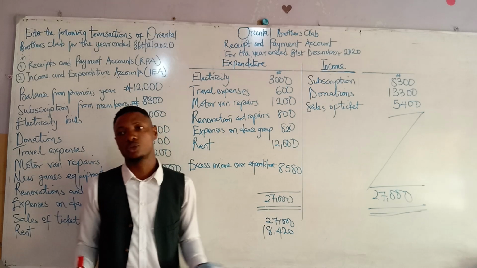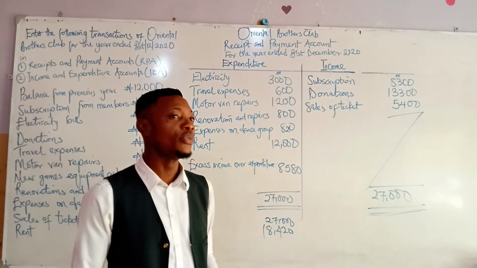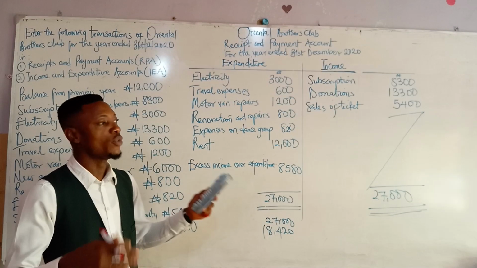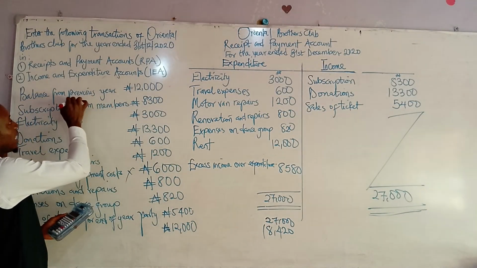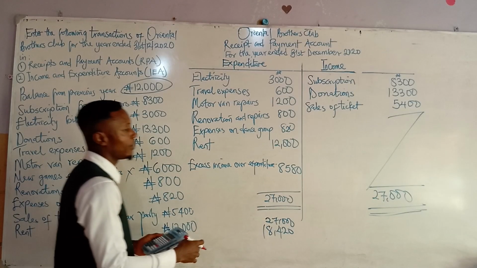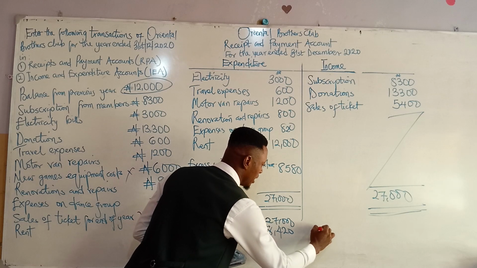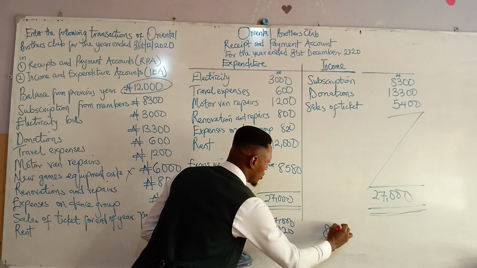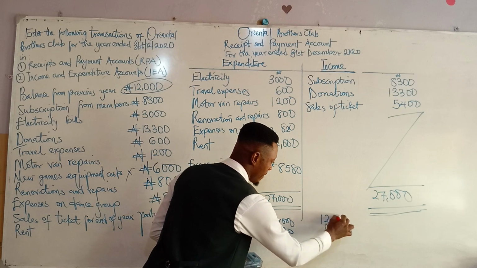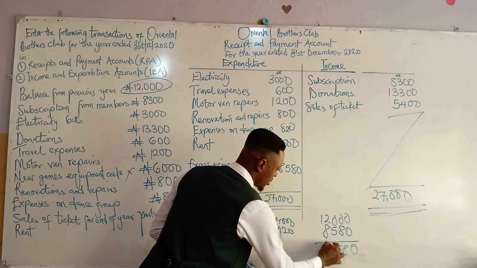Now, if you are asked to calculate the total amount of revenue or income in the account of the club as at the end of the year, that is when you bring in your balance from the previous year, which is 12,000. I can bring my balance from the previous year and add it to 8,580. So I have 8,580 plus 12,000, which will give me 20,580.